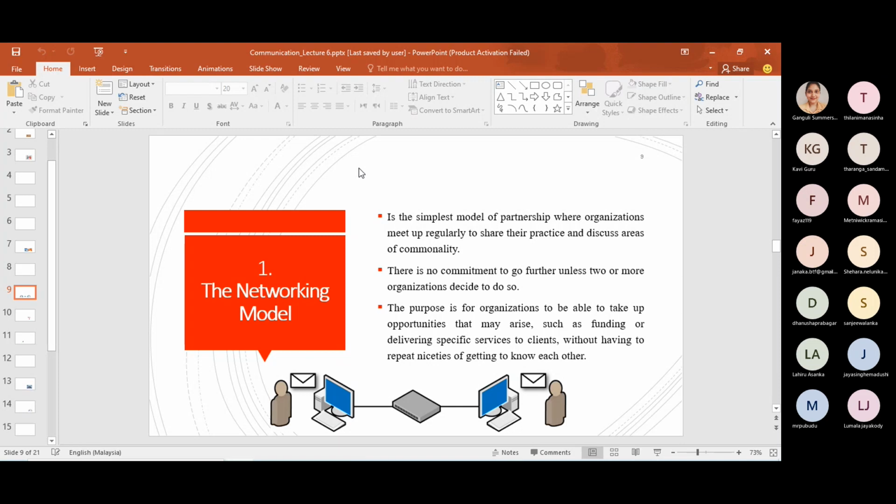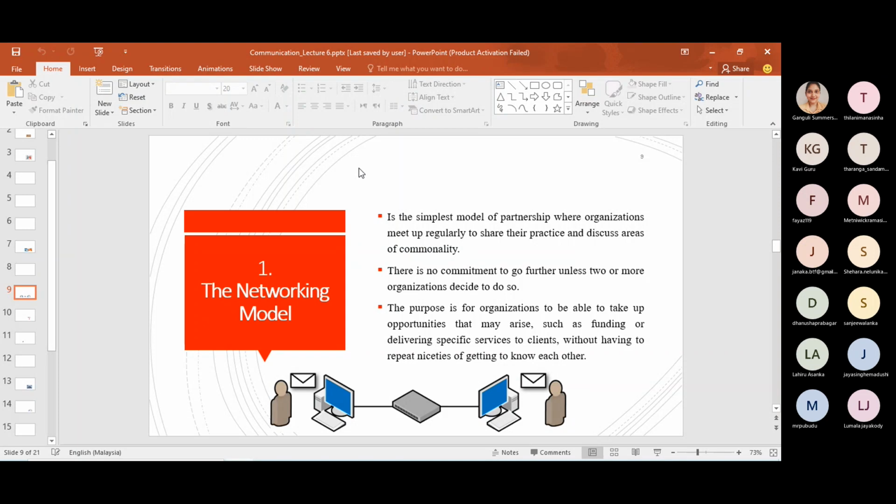Okay, so the purpose of the networking model is to take up opportunities that may arise. Sometimes some organizations will need funding, if their financial resources are not so strong. And some organizations want to deliver specific services to clients.